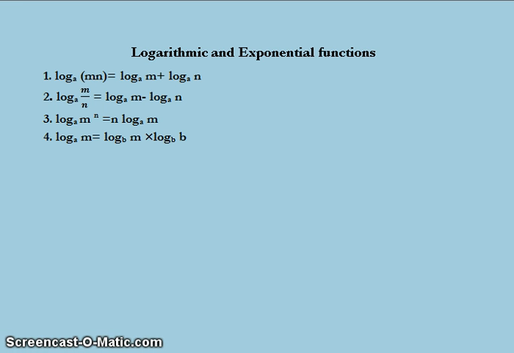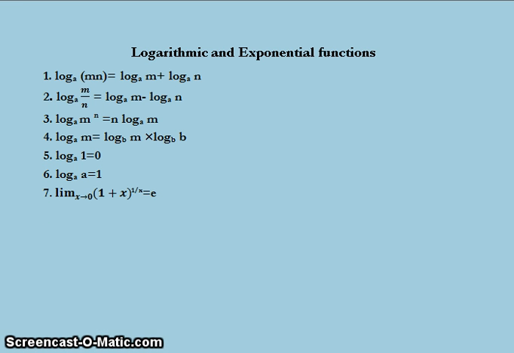Next, log of m with base a can be rewritten as log of m with base b into log of b with base a, or log of m with base b can be written as log m with base a divided by log of b with base a. The log of 1 with base a is always equal to 0. The value of log of a with base a is equal to 1.